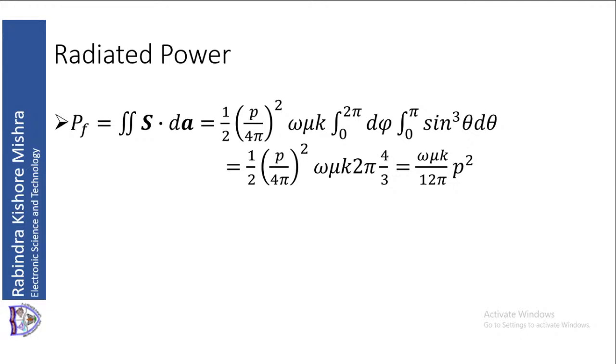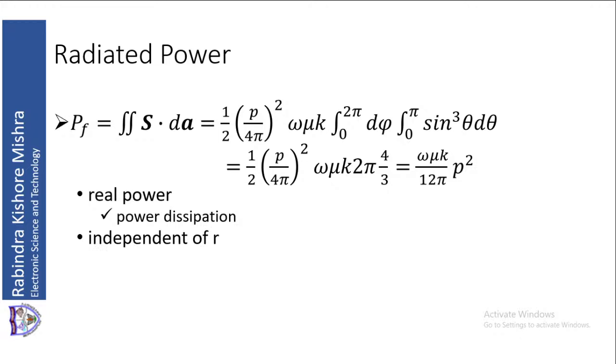So the total radiated power is real power, and the power is dissipating. Since it is real power, it is dissipating. It is independent of R, so it does not depend on what distance you are from the source.